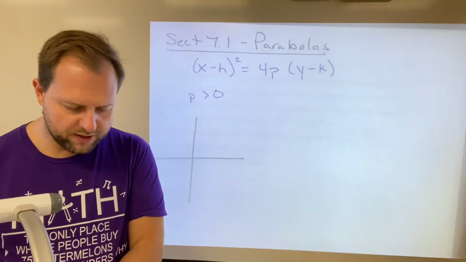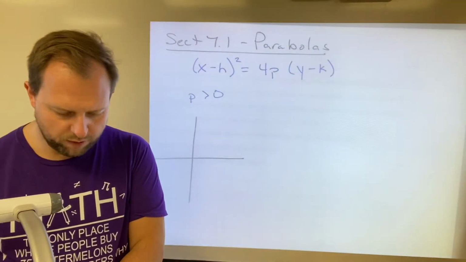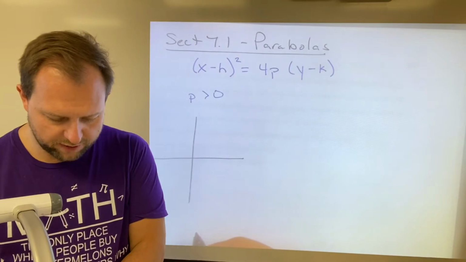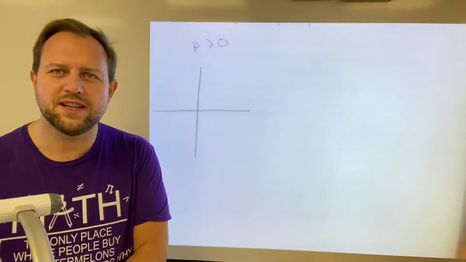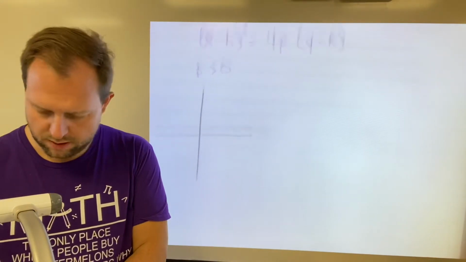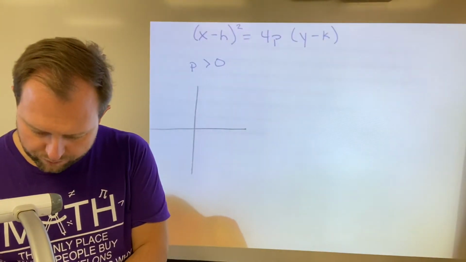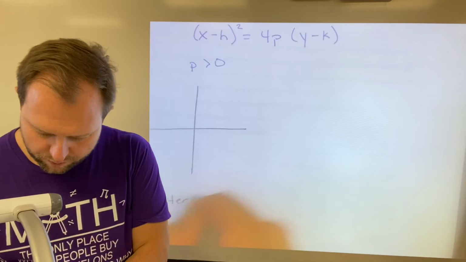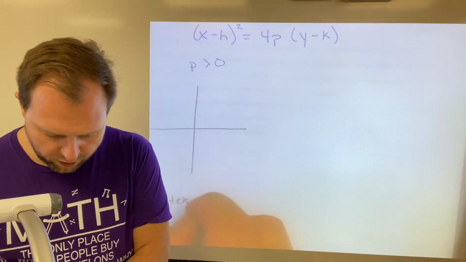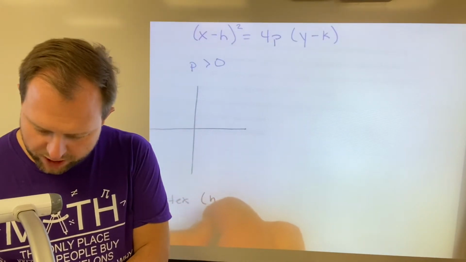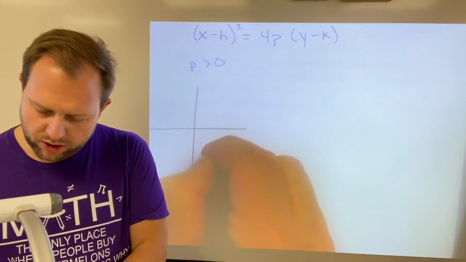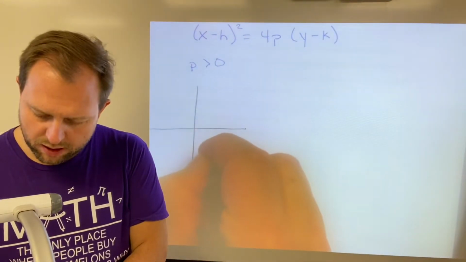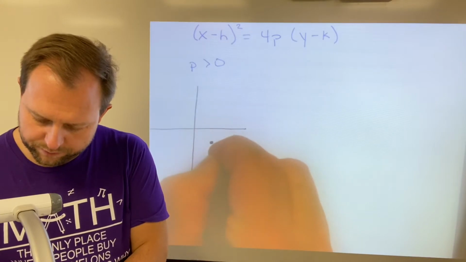We're going to have some different things. First thing we're going to have is the vertex. I want to make sure you can see all of this. The vertex is (h, k). And so I'm just going to draw it in, let's say it's right here.